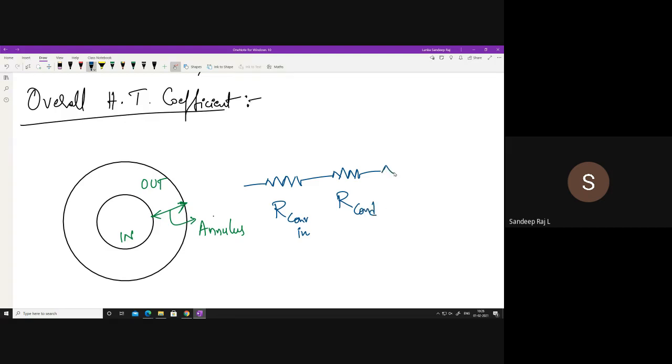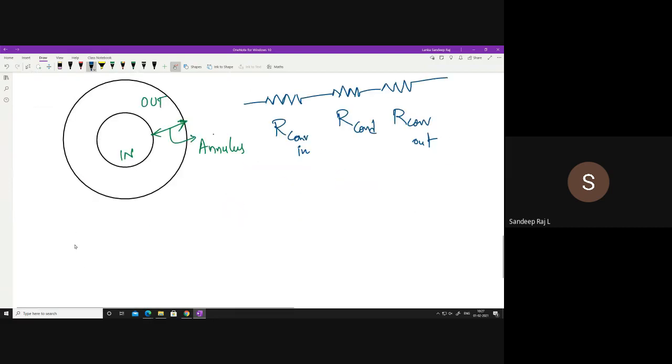And then I'll have one more convection resistance, and this convection resistance is provided by the outer fluid. This is how the series connection will look like. So here R equivalent will be equal to R convection in plus R conduction plus R convection out.